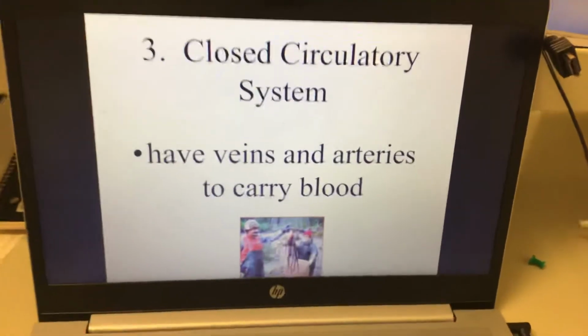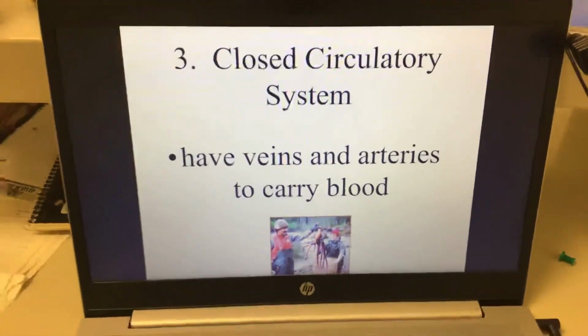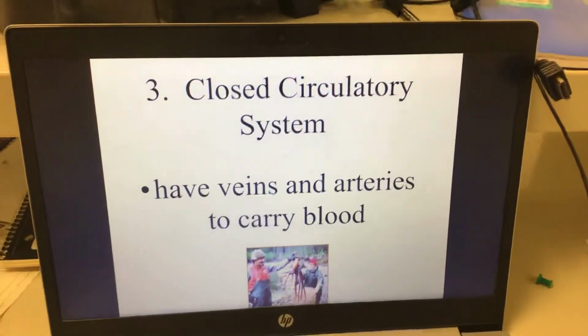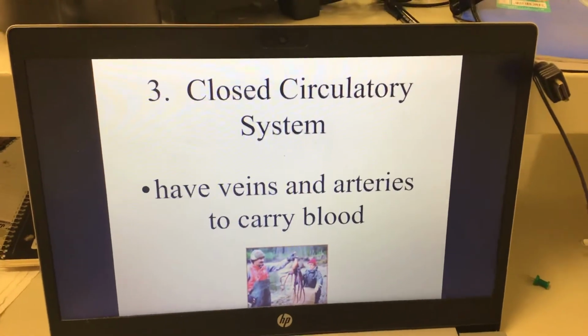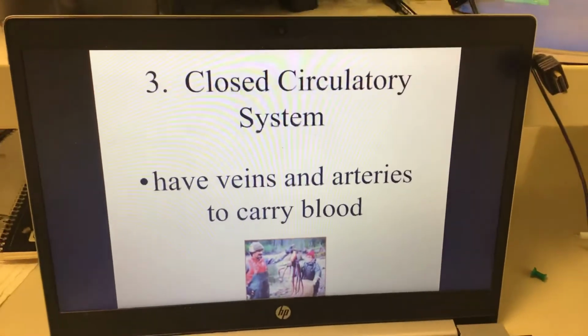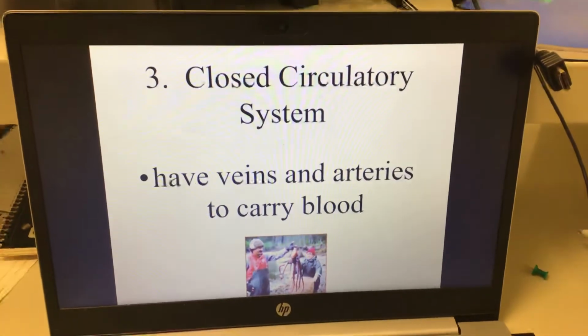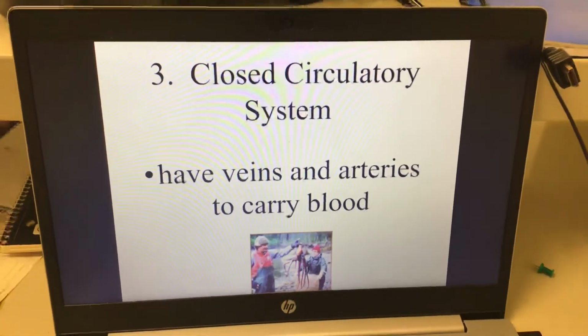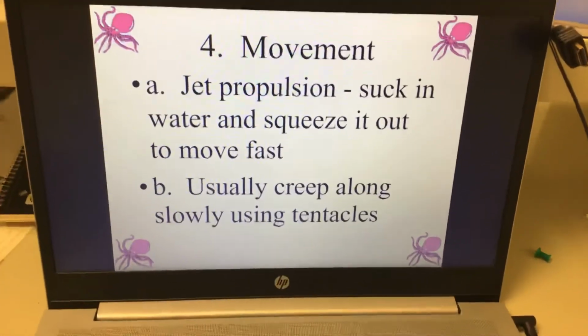They have a closed circulatory system. So squid, octopus have a closed circulatory system. They have veins, vessels, arteries, blood enclosed in that. You'll notice that octopus, squid are a lot faster than snails and clams and stuff because their blood gets where it needs to go more efficiently. I'd write this down.